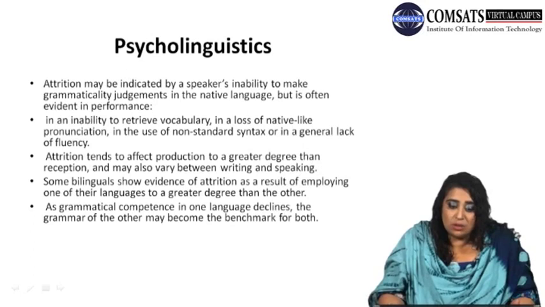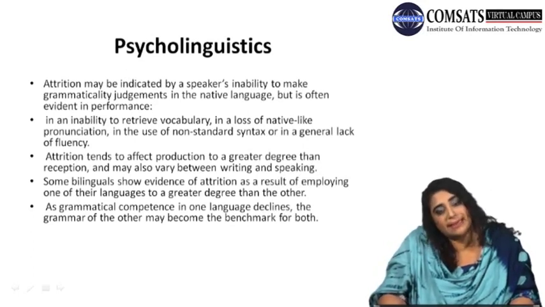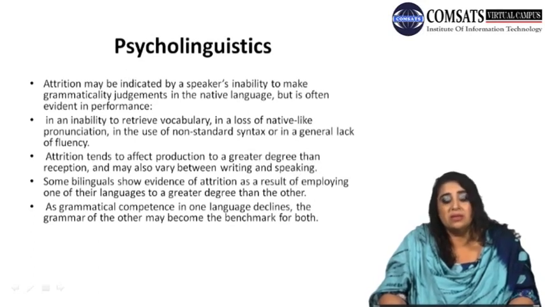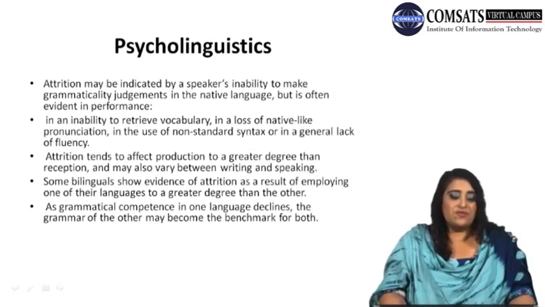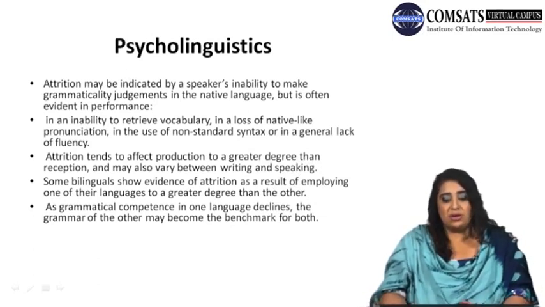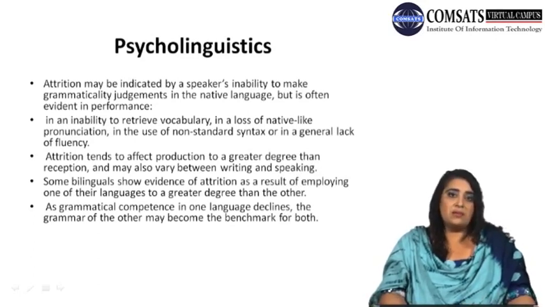Now, some bilinguals show evidence of attrition as a result of employing one of their languages to a greater degree than the other. Like I said, me being a bilingual, if I'm paying more attention to one particular language, then I'm going to forget the other. So if I'm putting more attention towards English and Urdu, that is the reason why I'm forgetting how to speak Russian.